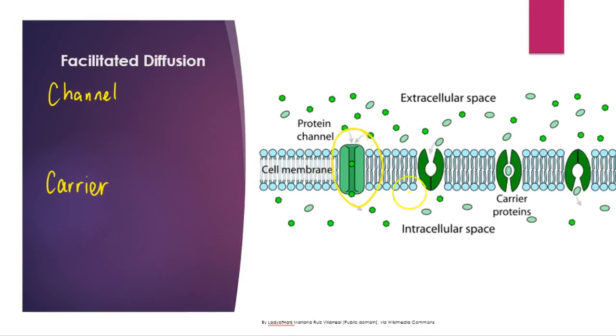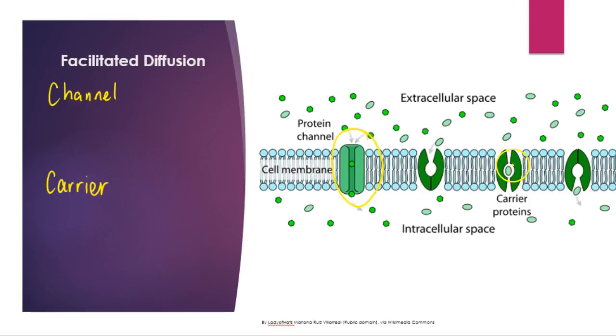We also have another type of facilitated diffusion, which is called carrier-mediated. Now, carriers have a specific shape that you have to fit to, then they will change their shape to let you through. So this one here, only these little oval ones can actually fit into here. Once one slips into here, it's closed on the other side to begin with.